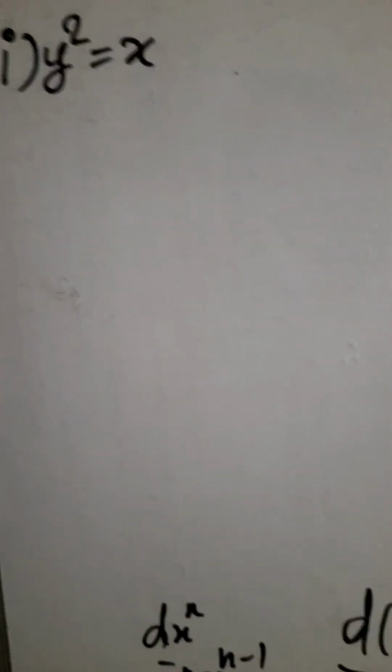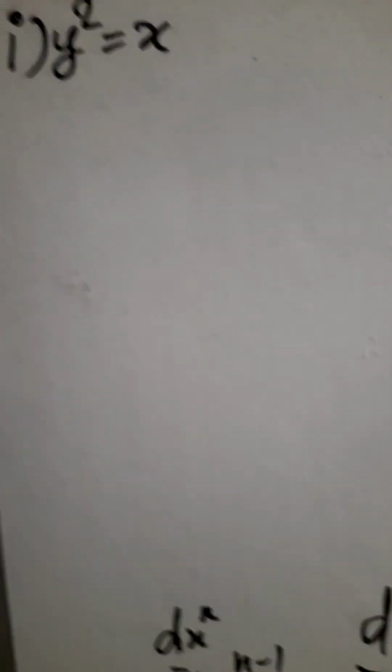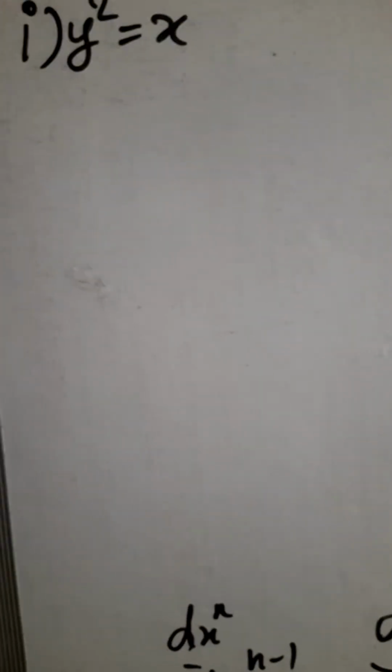Okay. Now we go to the first question, which is y square equal to x. We have to find it along y square equal to x. Then we would substitute every x term with y, because if we do it in x term, it would be y equal to root x. That would be very difficult.